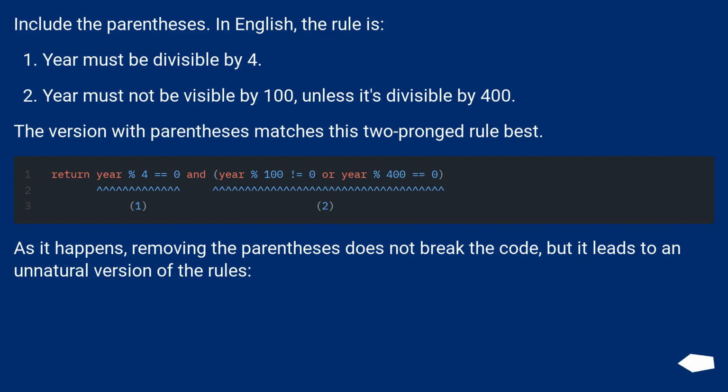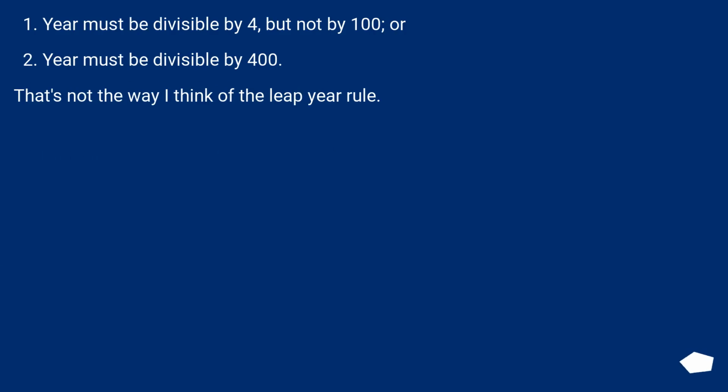As it happens, removing the parentheses does not break the code, but it leads to an unnatural version of the rules. Year must be divisible by 4, but not by 100, or, year must be divisible by 400. That's not the way I think of the leap year rule.